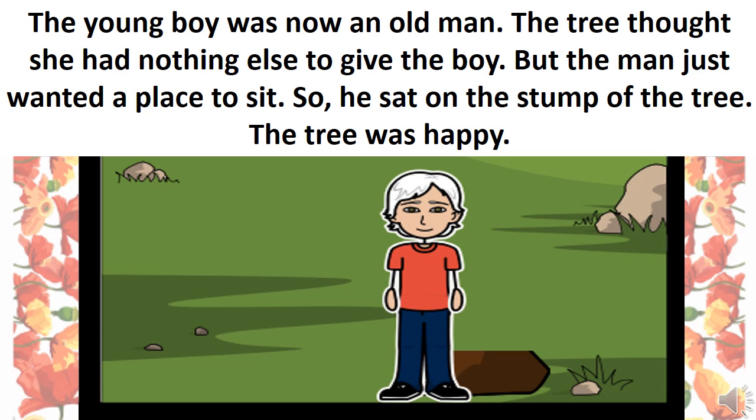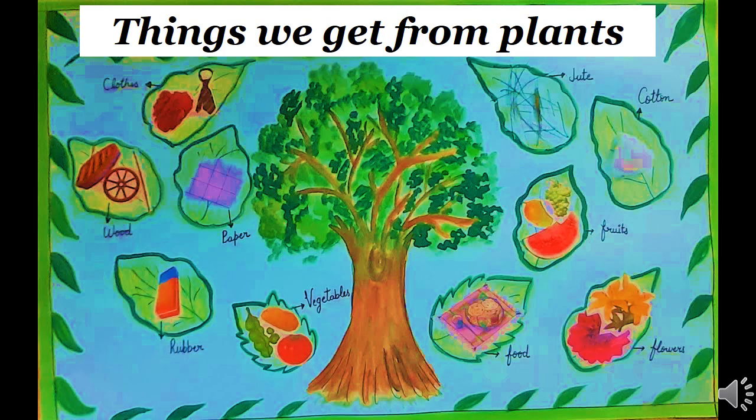The tree thought she had nothing else to give the boy, but the man just wanted a place to sit. So he sat on the stump of the tree. The tree was happy. The tree gave all her apples, branches, bark, and stump to the little boy.